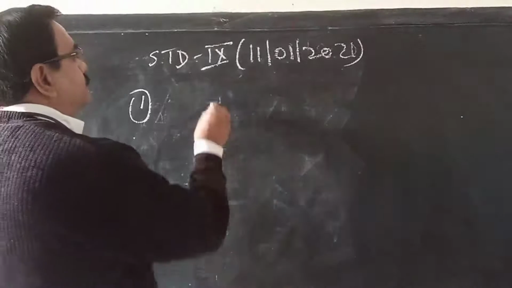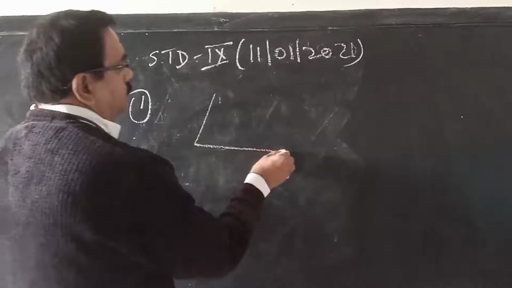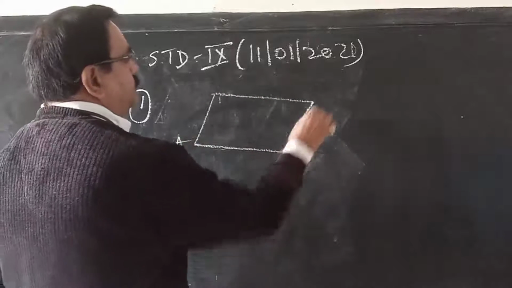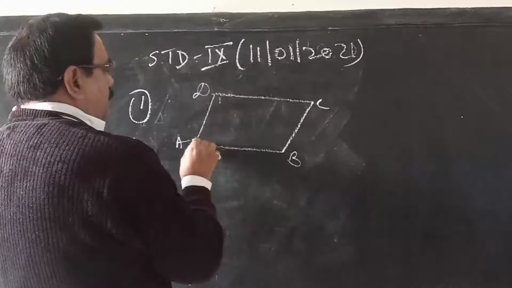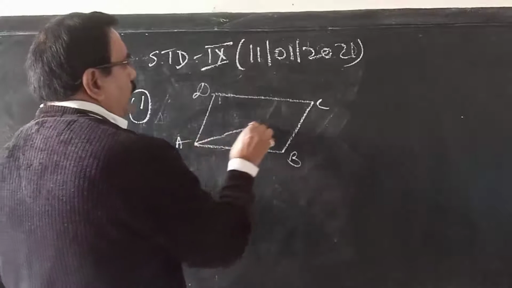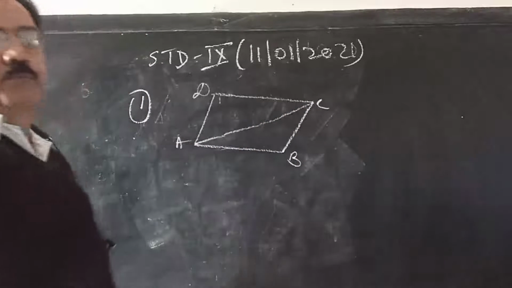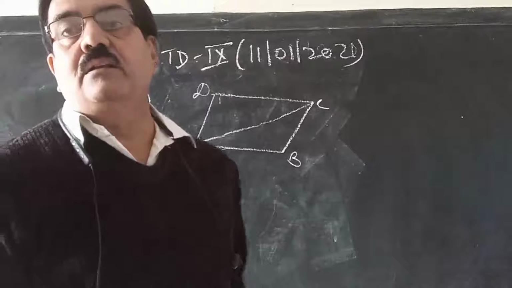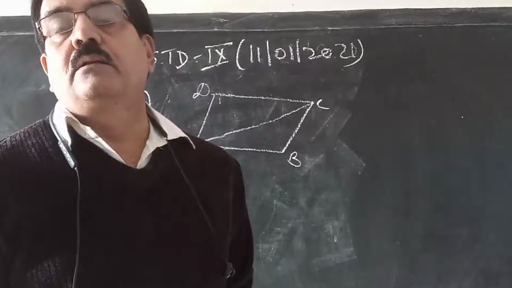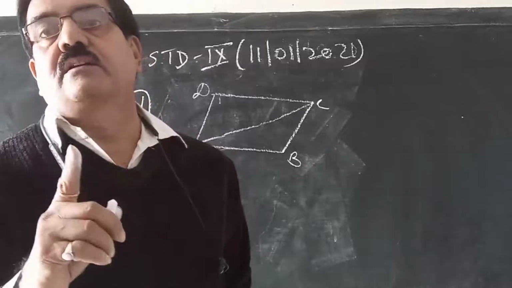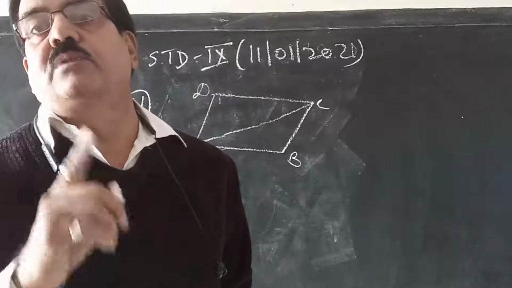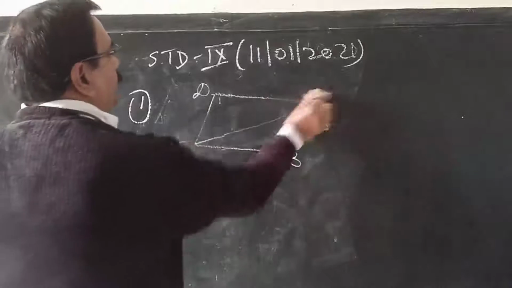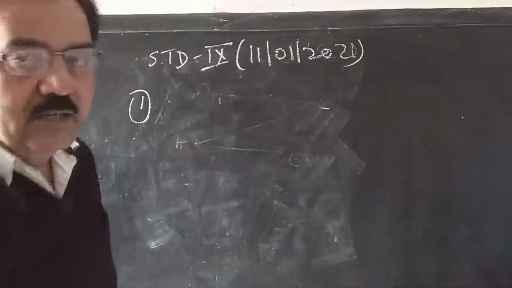Second, diagonals bisect the vertex angle in two cases only, square and rhombus. Not in a parallelogram, not in a rectangle. So draw the figure of a square and a rhombus.